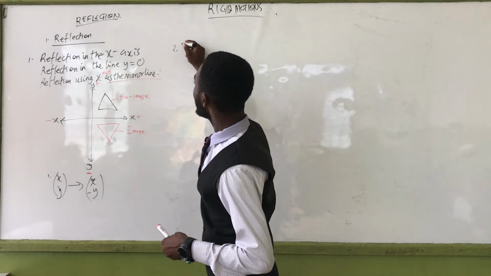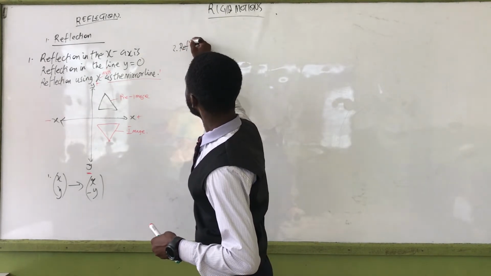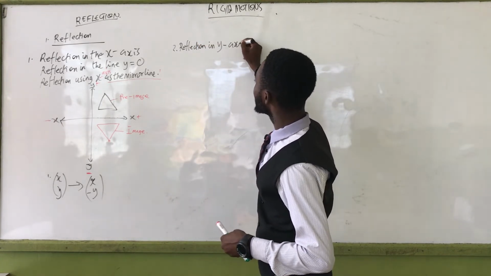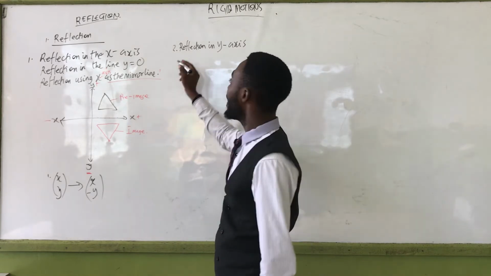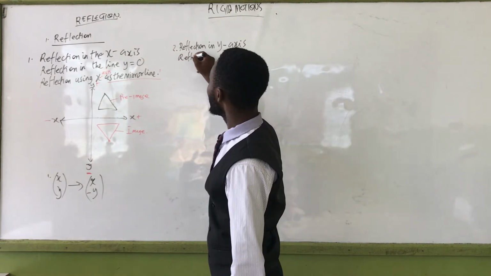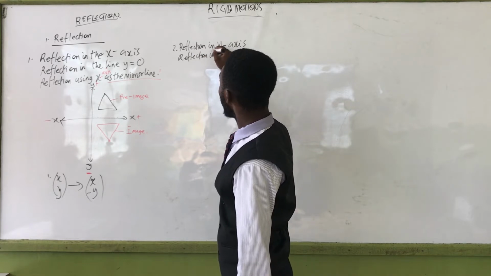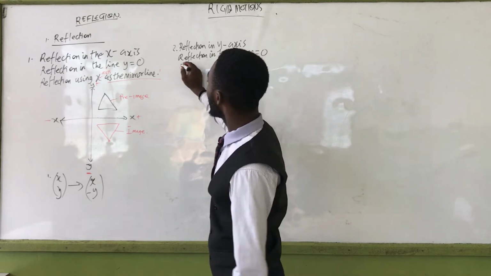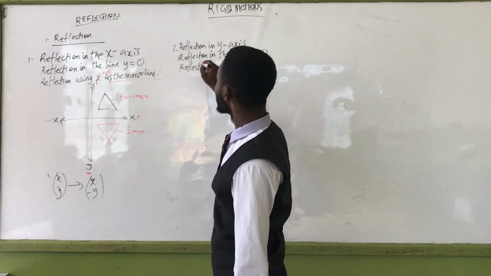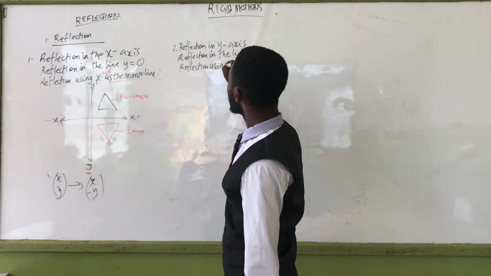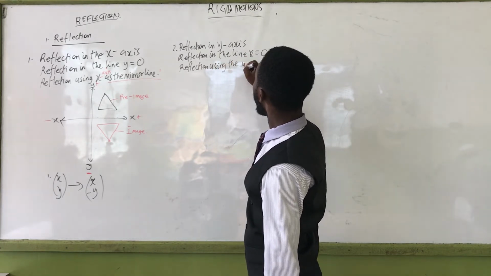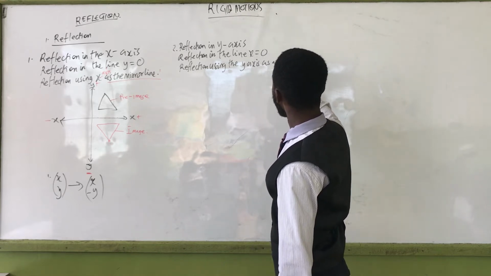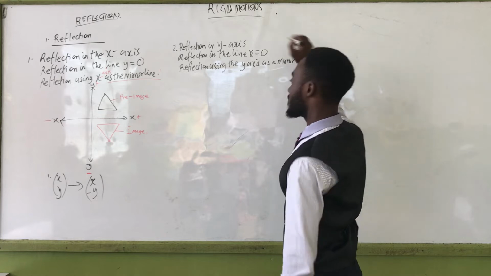The second one is reflection in the y-axis, also called, I think you can guess that by now, reflection in the line x is equal to 0, also called reflection using the y-axis as a mirror line.